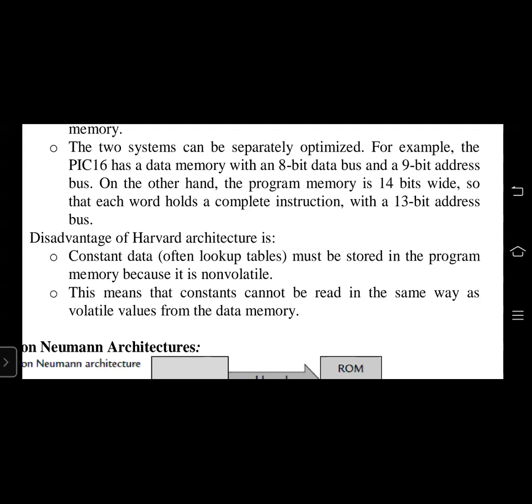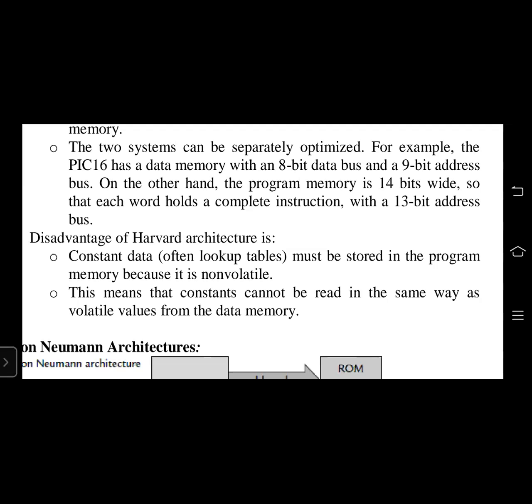Clear? So you have to check the properties or the characteristics of the microcontroller. On the other hand, the program memory is 14 bits wide. Means what? Whenever it is carrying an instruction from the program memory at a single time point, it can carry 14 bits. Clear? So that each word holds the complete instruction. Each word means what? At a single time point, whatever it is carrying, that is called one word.